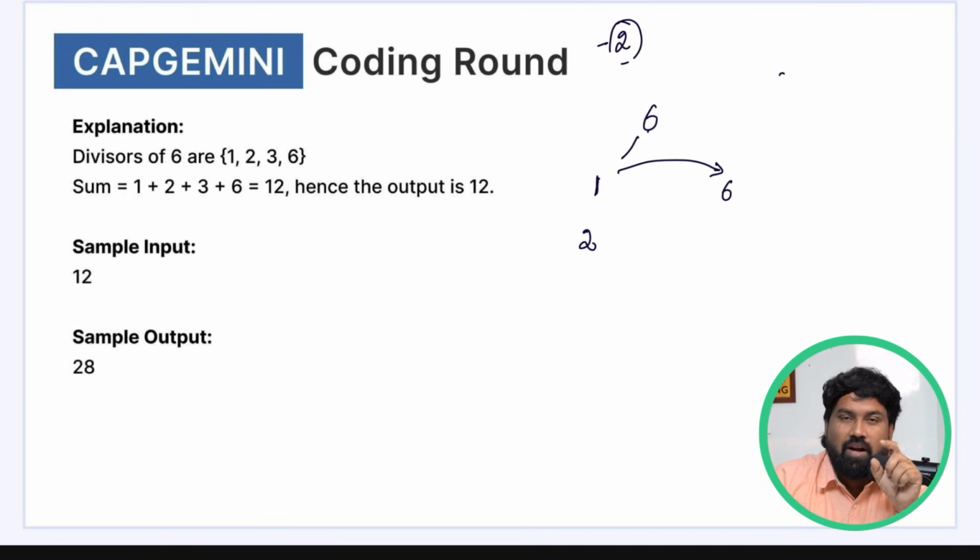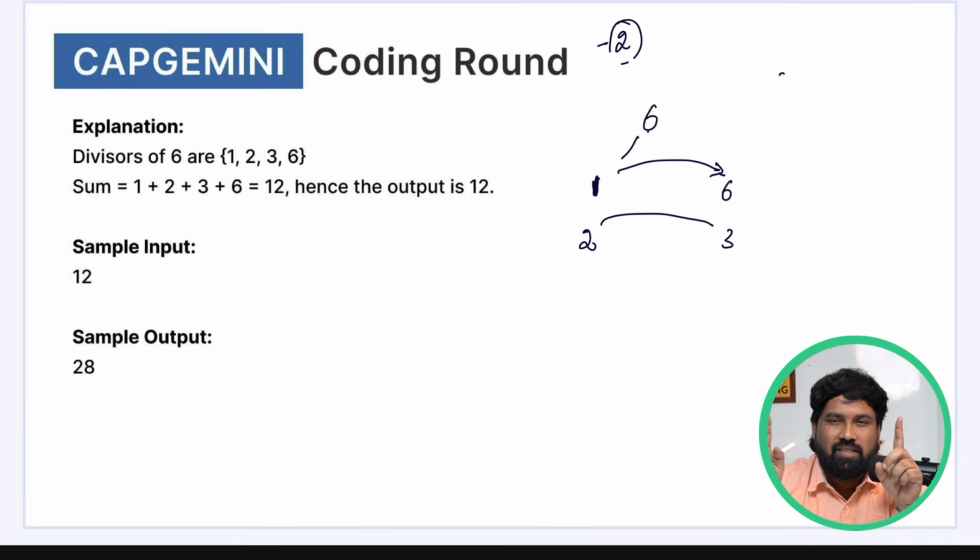Whenever it is divided by 2, the other coefficient is 6 by 2, which is 3. So 1 is a divisor of 6, 6 is also a divisor of 6, which means if you divide by one number, the coefficient you get by exactly dividing is also a divisor.